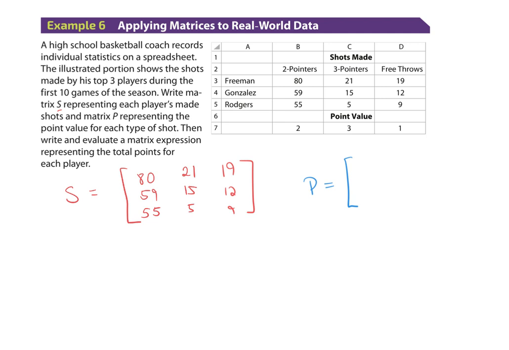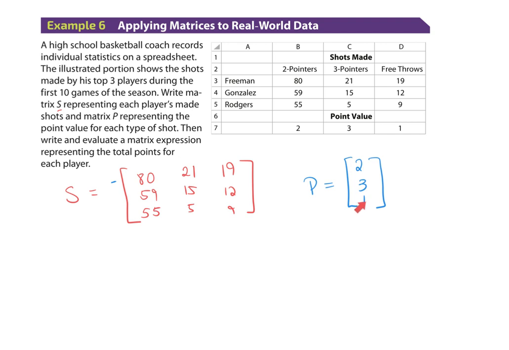That's what those are worth, obviously. Because if I want to figure out how much this first guy made, I would multiply 80 times the 2 to give how many points he got in 2 pointers. I would multiply 21 by the 3, that's how many points he made in 3 pointers. And I would multiply 19 by 1, that's how many points he made in free throws. And I would add all of those up.